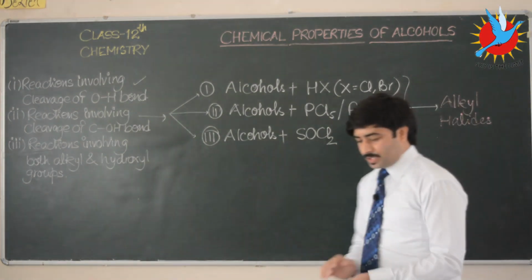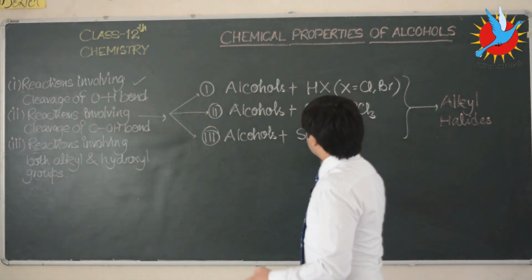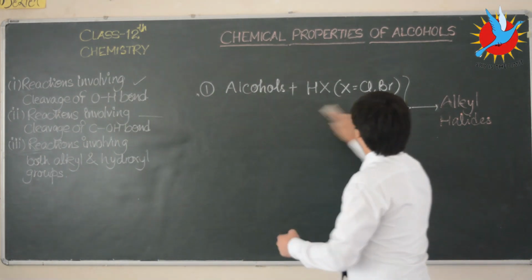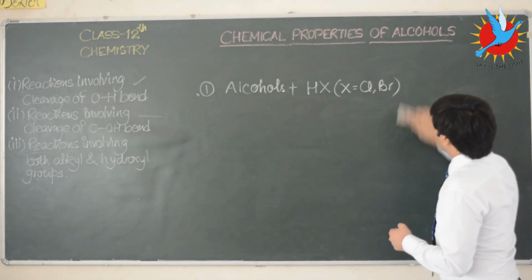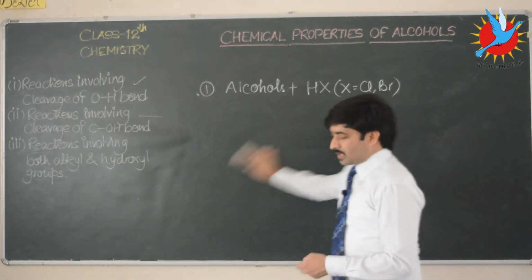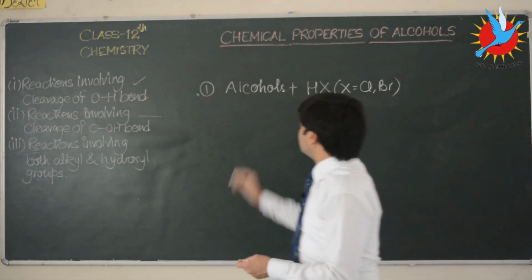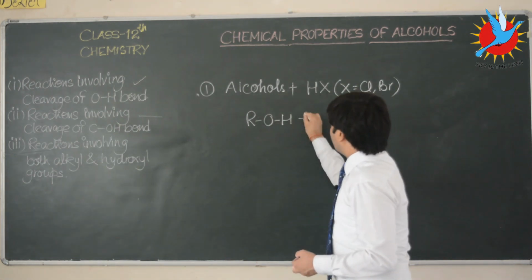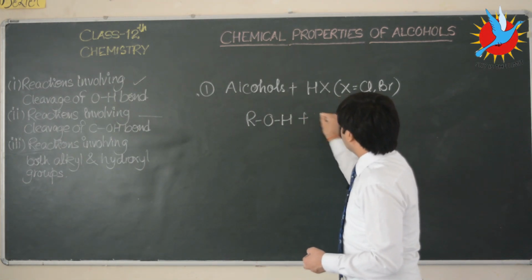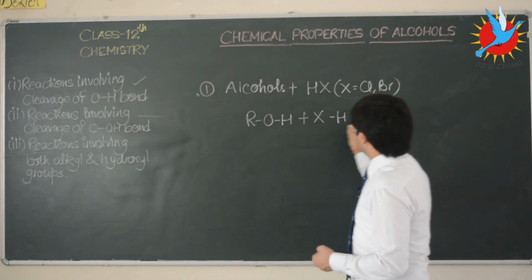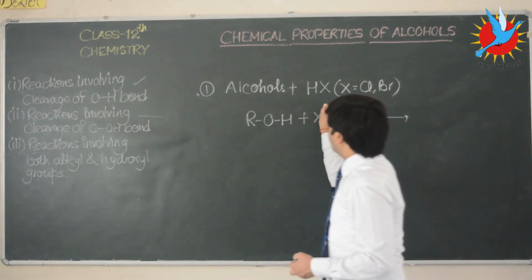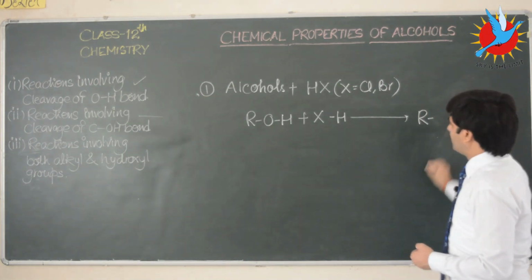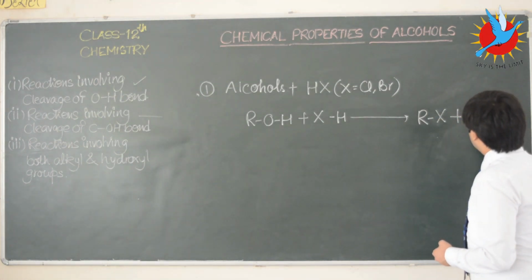Now let's take the example of first reaction, in which alcohols react with HX, hydrogen halide. So alcohols have the general formula ROH. Whenever treated with HX, then they form RX plus H2O.